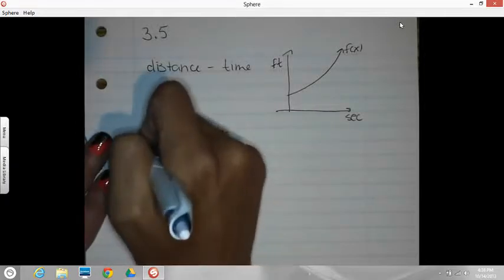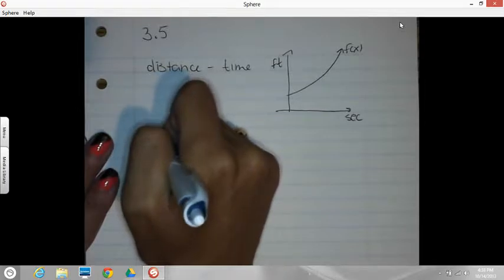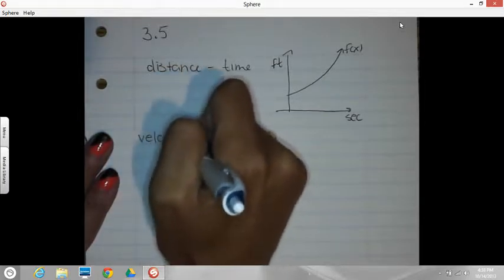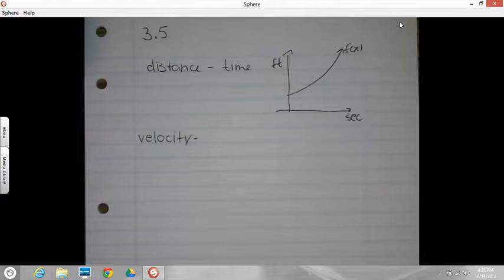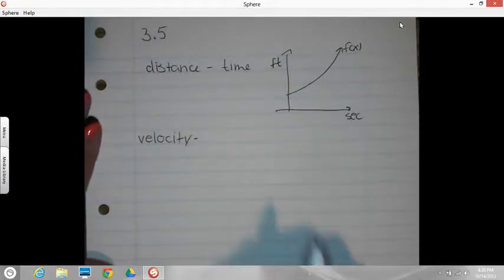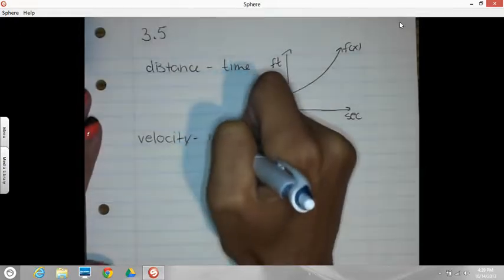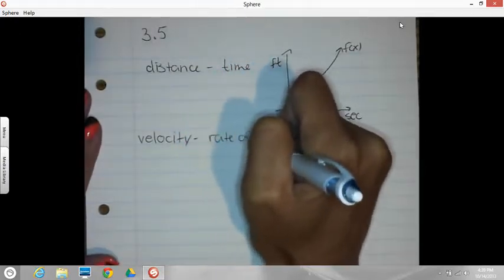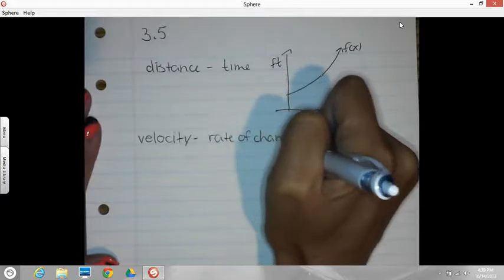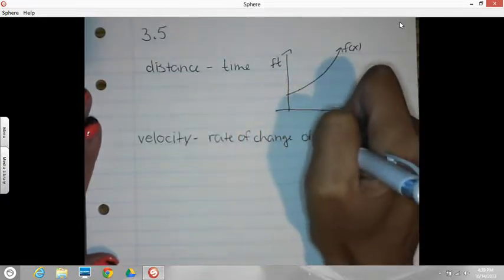First of all, if you just look at the definition of velocity, velocity is defined as your rate of change of distance over time.